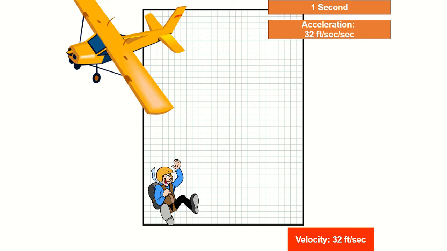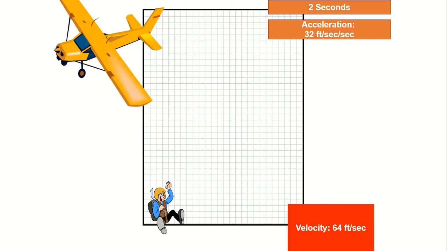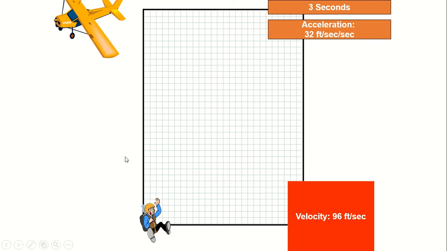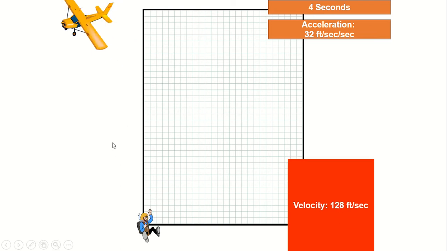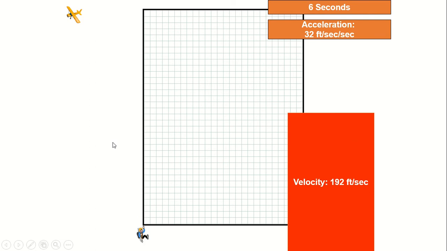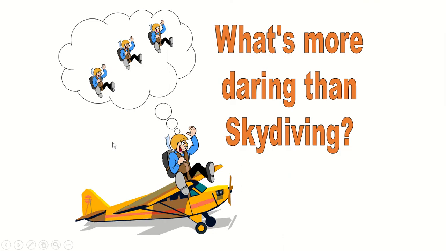After 2 seconds, 64: 32 the first second, 32 the second second. After 3 seconds, how fast will it be? That's right, 96 feet per second. So it just keeps increasing: 128, 160, 192. Okay, wait, let's back up one.